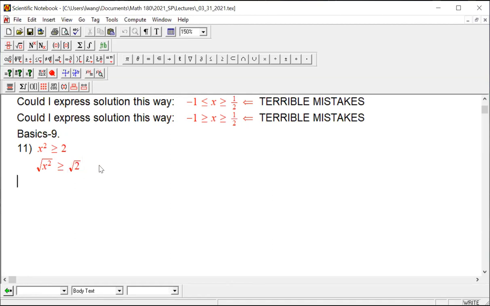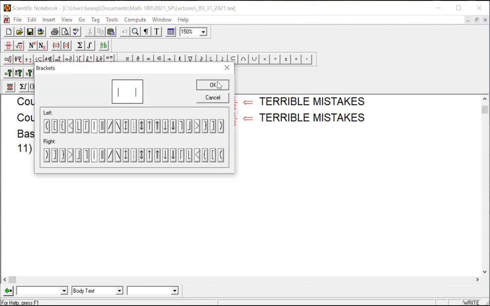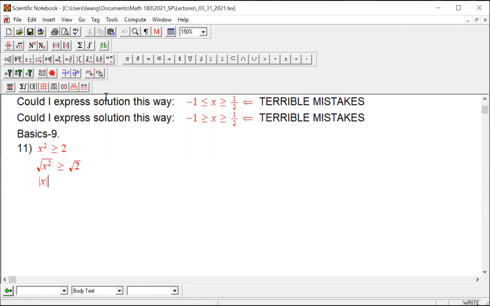Okay, then what? Then you can refer to the method in basic 6, remember? So you get the solution.